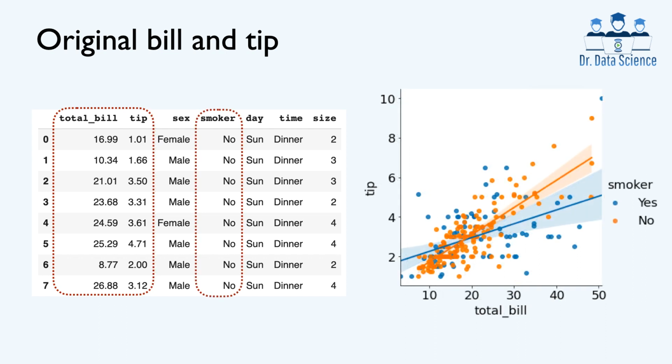Next, we see that if we train two independent regression models based on a third variable, which is the smoker column in this dataset, we will better understand the relationship between the two desired variables, that is, the connection between tip and total bill amounts.